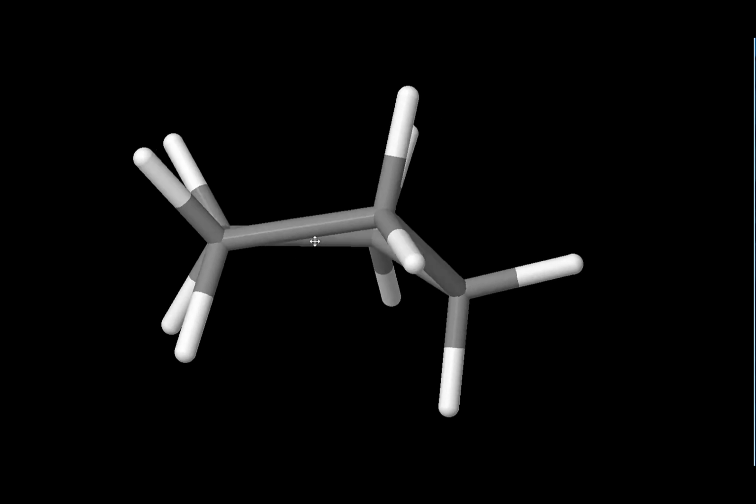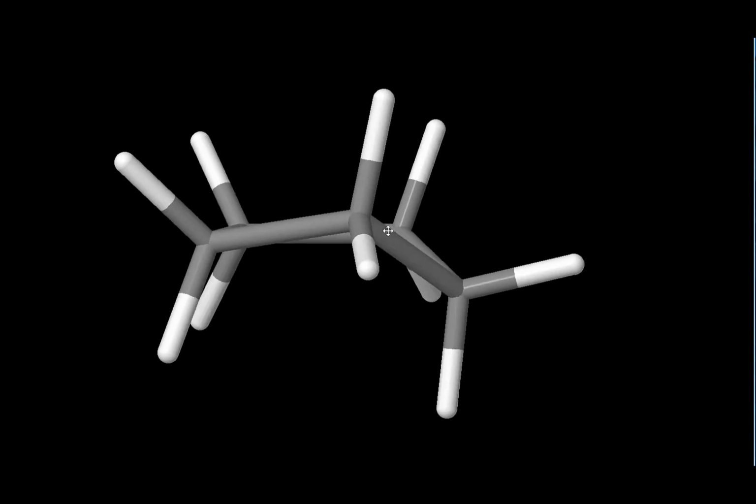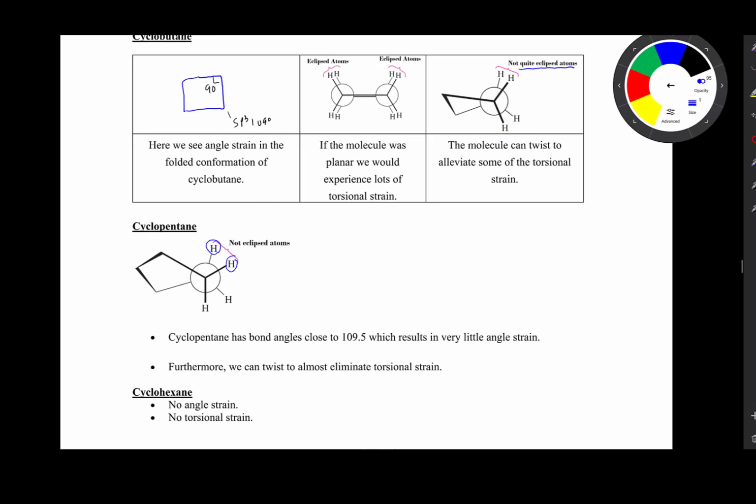So as we move around, we're no longer eclipsed, right? There's still ring strain in this because you have some angle strain since you're not able to adopt a perfectly 109 bond angle there. But it's close to 109.5, and that's why we have very little angle strain there.